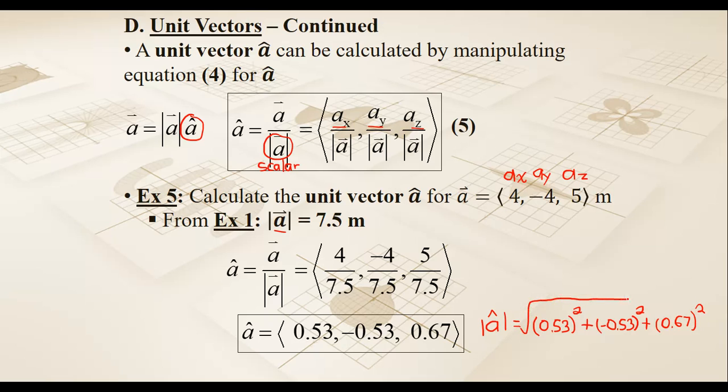Take the square root of that. And if you want to go ahead and confirm that in your calculator, you can, but it would show you that the value is equal to 1.